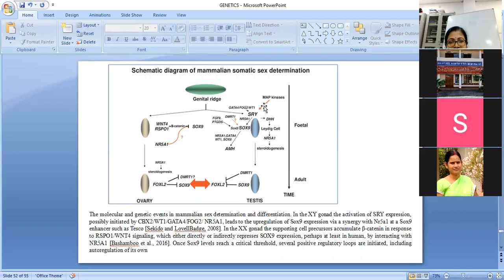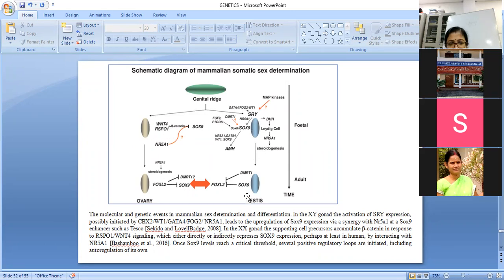Suppose MAP kinases are not activated, then the SRY gene that is located on the Y chromosome will be activated, and this will lead to steroidogenesis and testis will be formed. Suppose this SRY gene is not activated. In that case, the WNT genes, WNT4 genes are there, different genes are here, RSPO1 are there.